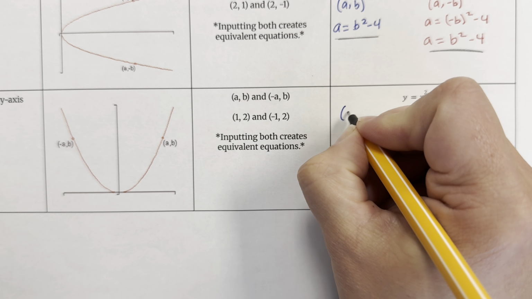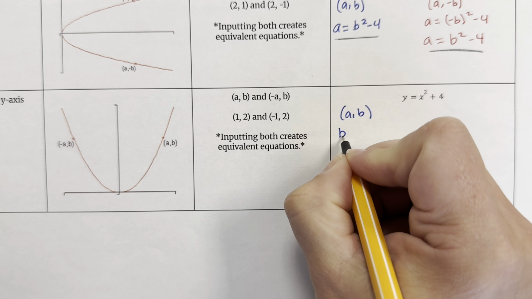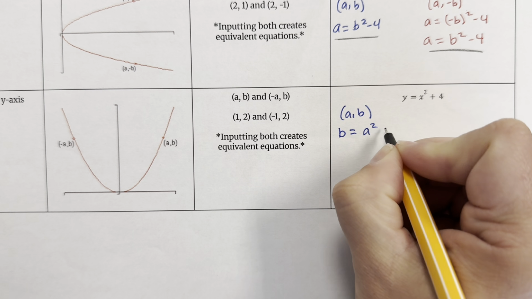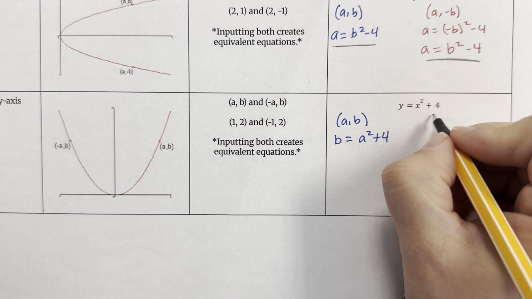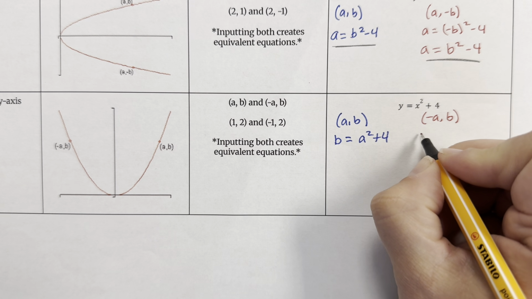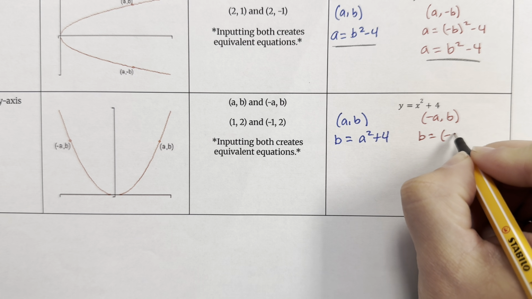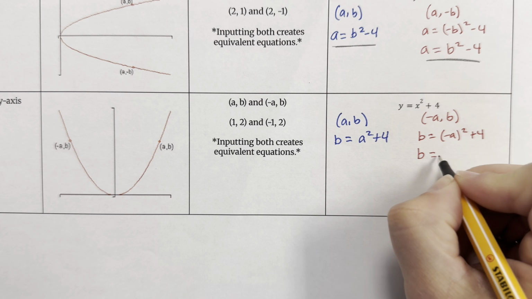So I would plug in a, b, same thing. So I'm going to plug that in. I would have b equals a squared plus 4. And then I'm going to plug in negative a, b. b equals negative a squared plus 4, and I'm going to solve that.